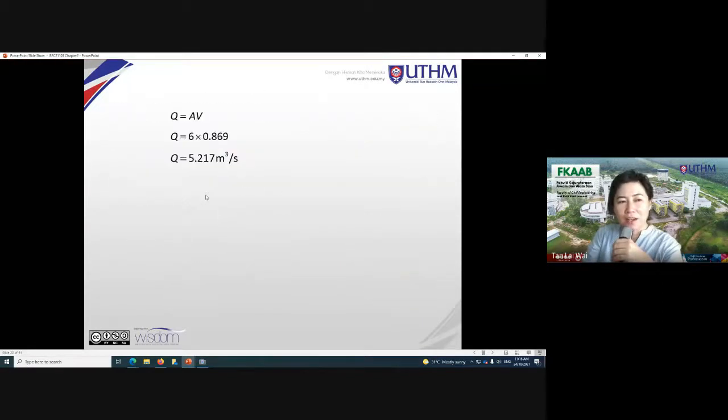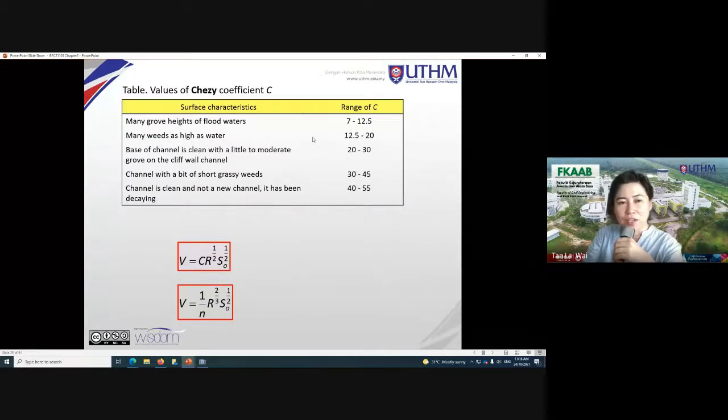Now let's look at some of the values. Now this is values of Chezy coefficient. Chezy value is very high for smooth channel, and it is getting smaller as the roughness increases, because like I told you last class, the Chezy coefficient is actually directly proportional to velocity.